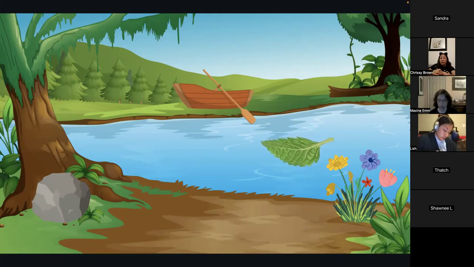Oh, rock. Where's the rock? Aha. Su, Tabi. How would you say it's beside the tree?